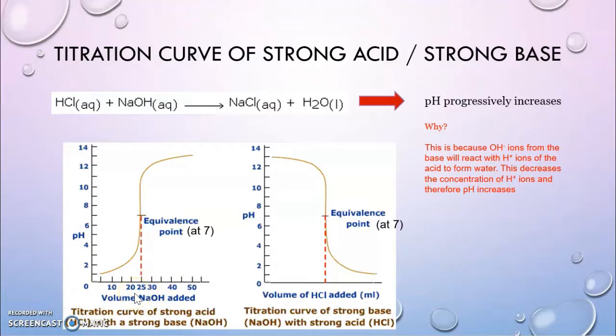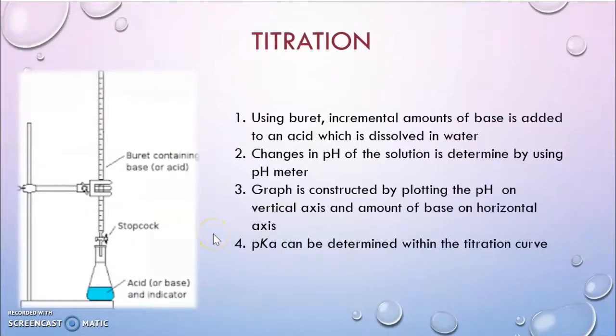A titration curve usually shows pH on the y-axis and the volume of base added on the x-axis. This titration curve is generated when the acid is contained in the conical flask while the base is placed in the burette.